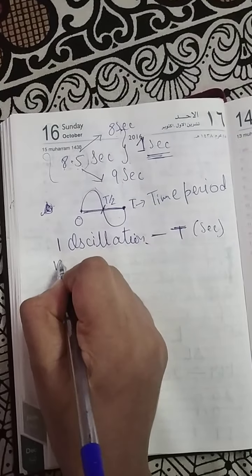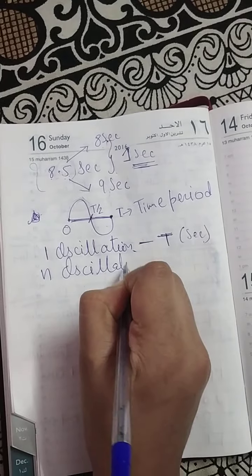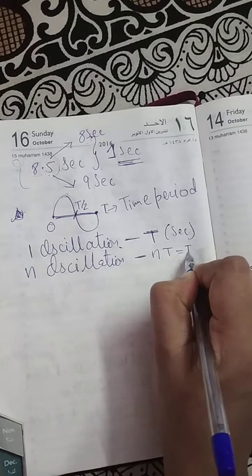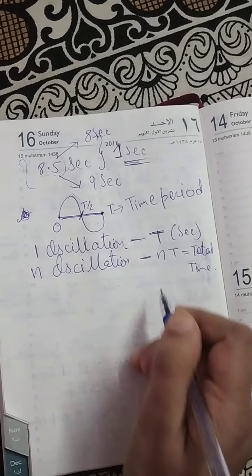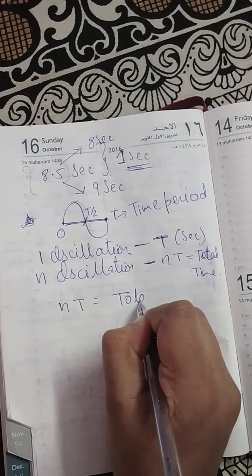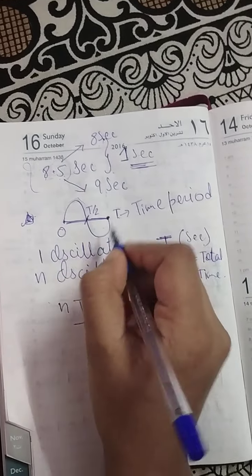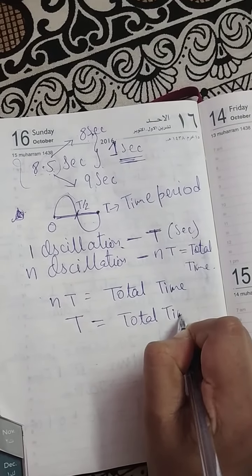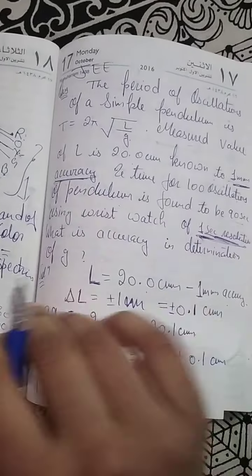So tell me, students, if there are n oscillations, what will you say? It will take time n into T. It means this is equal to the total time. I am right? Total time. So can I say that nT is equal to the total time? Correct? Or T, the time period for one oscillation, is equal to the total time divided by n. Of course I can say. Now students, carefully watch.